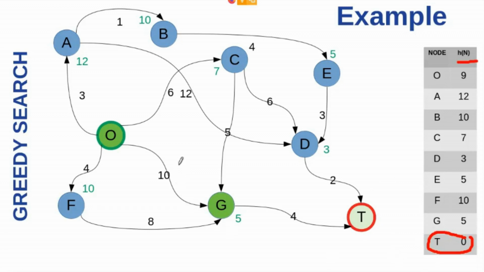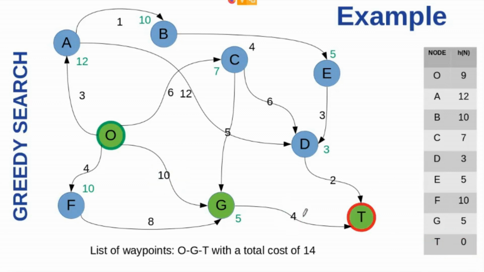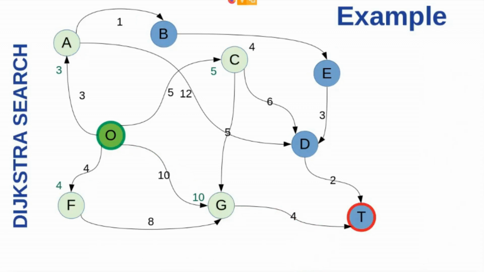So the total cost is 10 plus 4, 14. So the route will be OGT and the total cost will be 14. What do we expect? That the Dijkstra algorithm and the A-star algorithm will result in a lower value for this total cost, right? Well, so let's now go to the Dijkstra search algorithm.